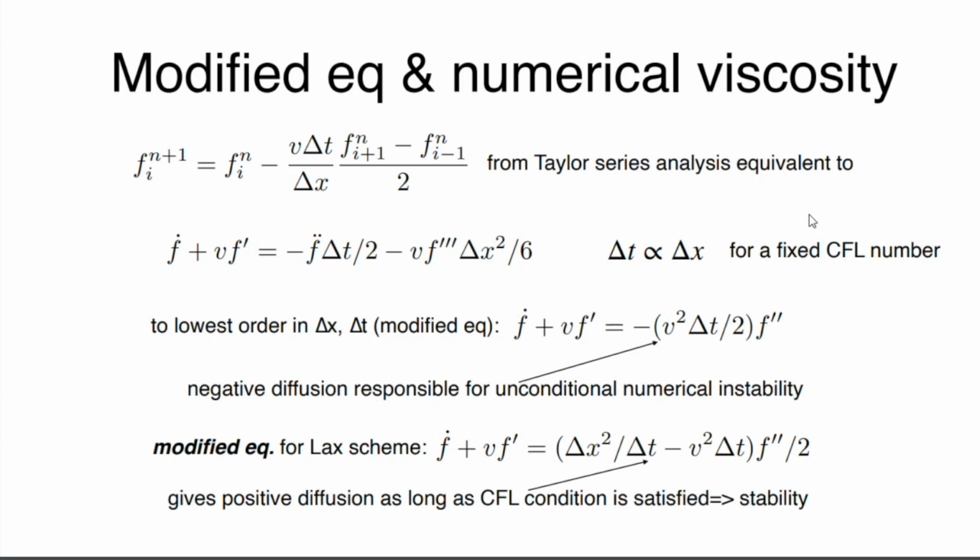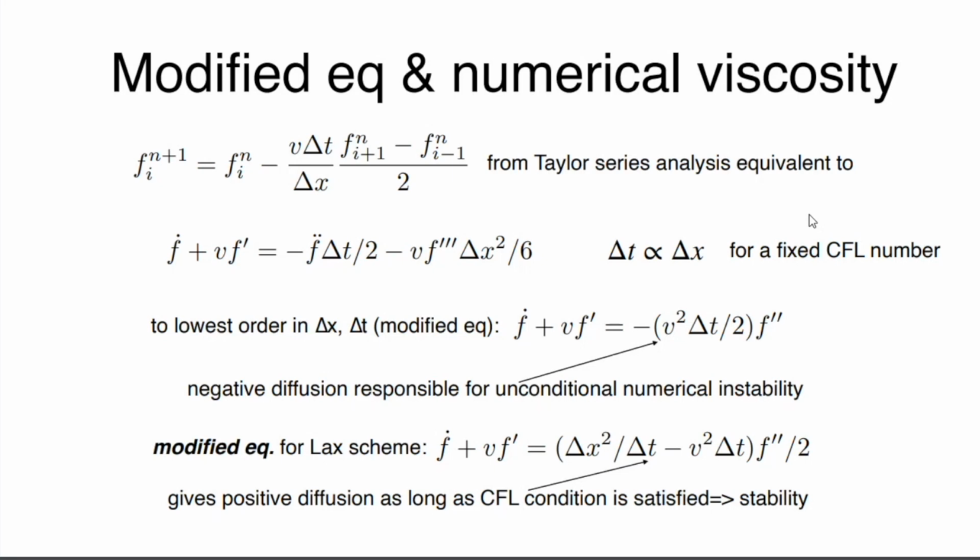If you do that, you get this equation. Anyway, this is higher order. This is delta x squared, this is delta t, so this will be smaller than that in general. And we already saw in the CFL condition delta t is proportional to delta x, so this is a higher order term.